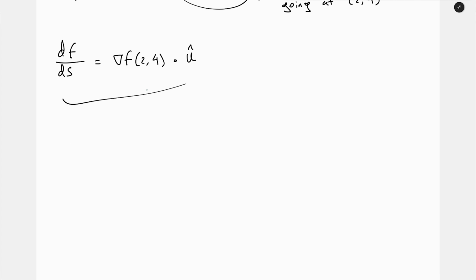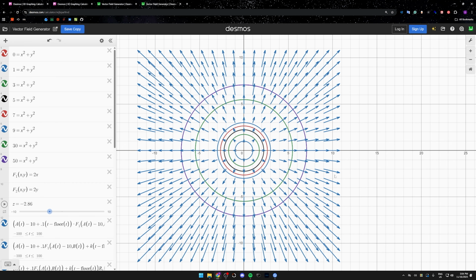Now, I think this is going to confuse people, so let's go in Desmos. So this is what we had before, right? So we are gonna go at 2, 4. Where is 2, 4?